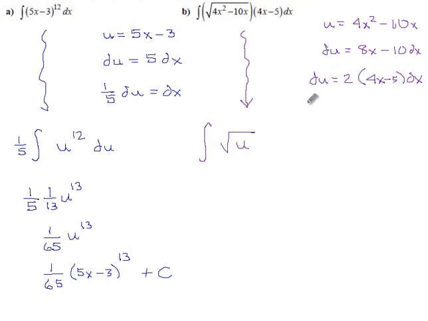So if I divide both sides by 2, I get 1/2 du equals, that 2's gone now, 4x minus 5 dx. So that means all of this I can replace with 1/2 du.